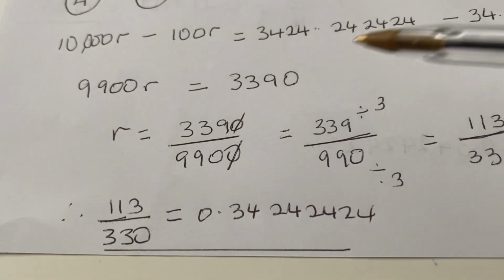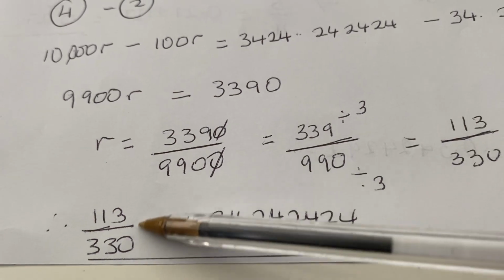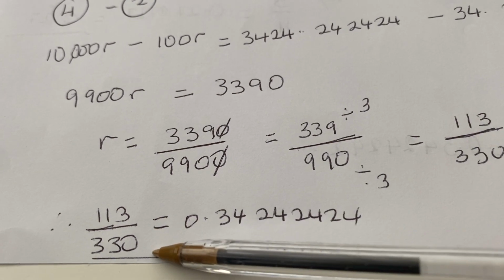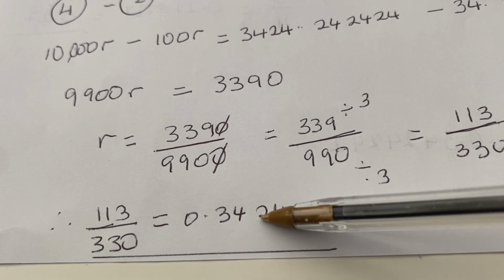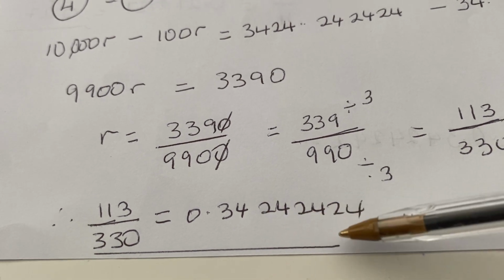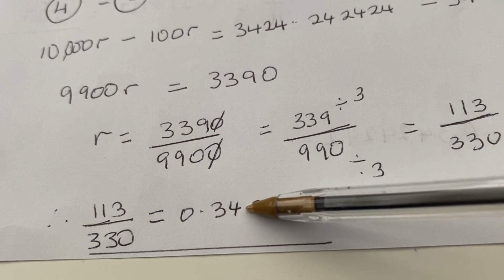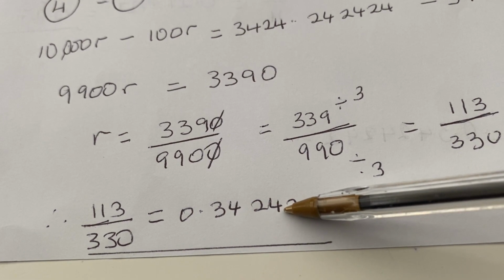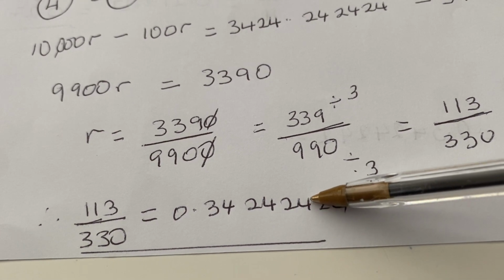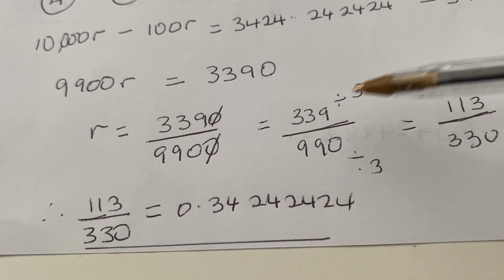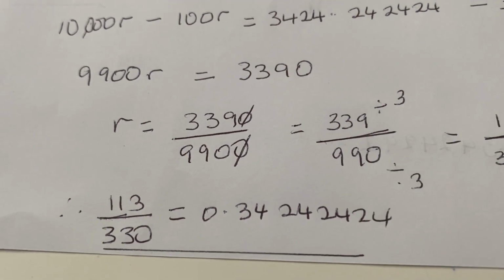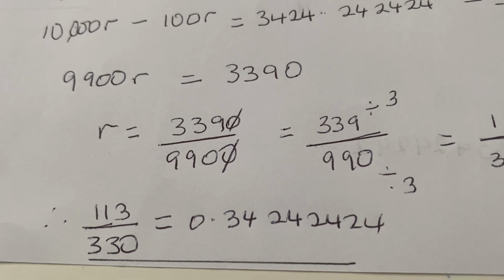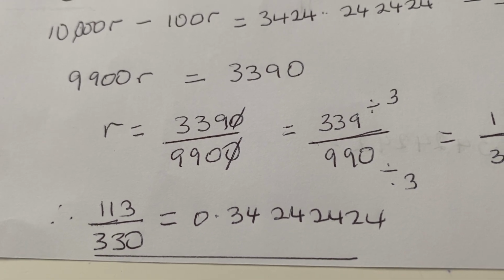So now I've proved that 113 over 330 equals 0.34242424.